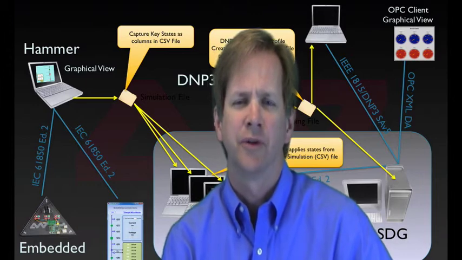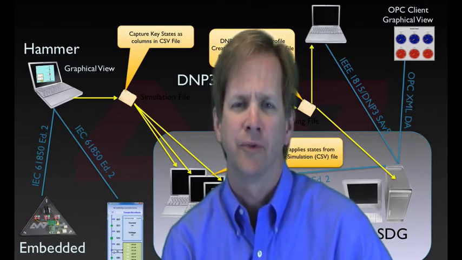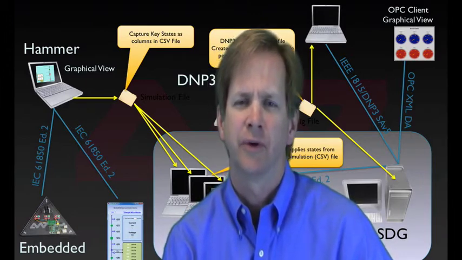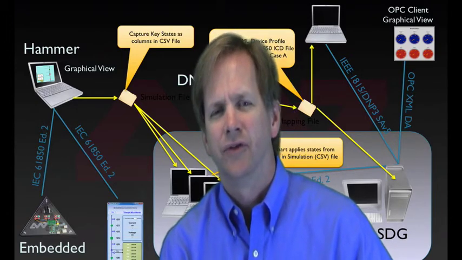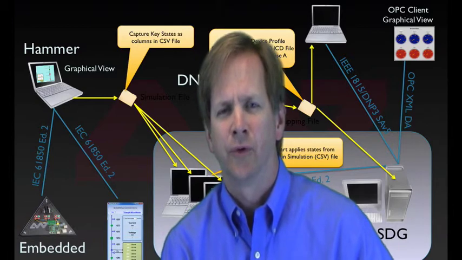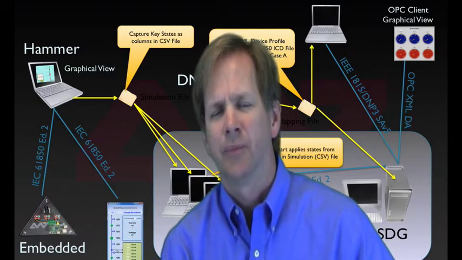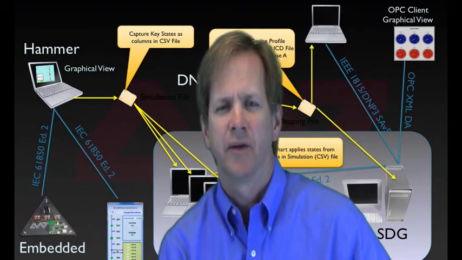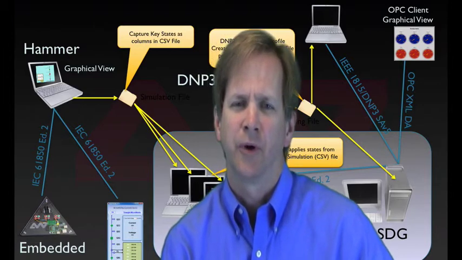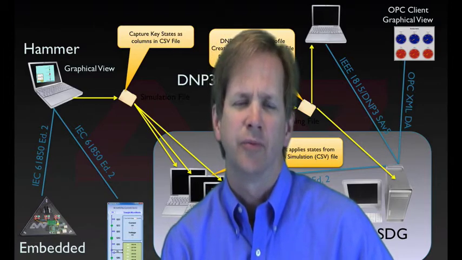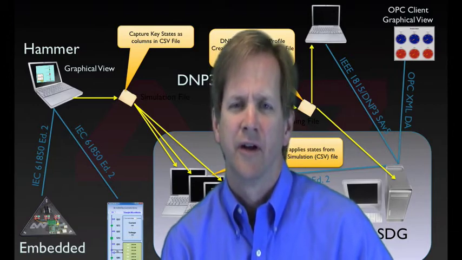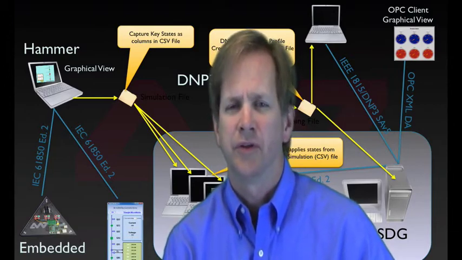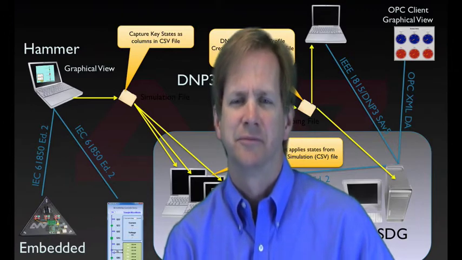In the next video, we'll demonstrate using Hammer to connect to remote devices and generate simulation files. Then we have a video showing Anvil using those simulation files to simulate real-world devices. Next up is a video showing the use of the SCADA data gateway to map IEC 61850 to DNP3 and communicate to a DNP3 master, in this case simulated by the test harness, and in this example using DNP3 secure authentication version 5.